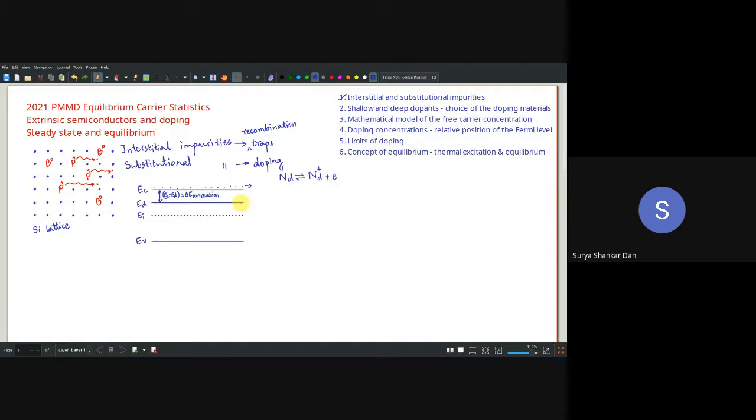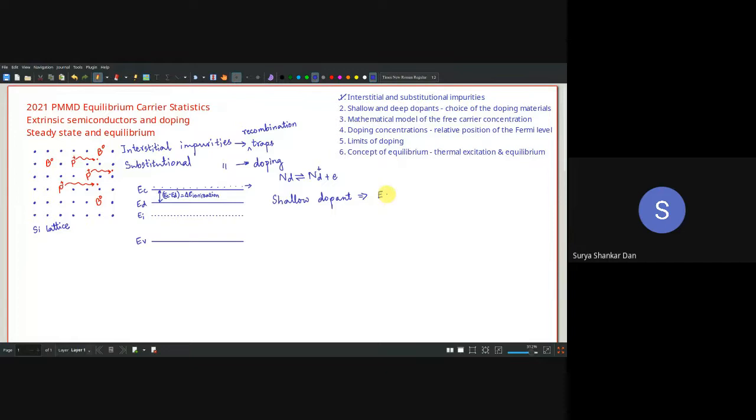Now the concept is, what is the meaning of shallow and deep dopant? Shallow dopant means you can imagine as if EC is a surface, and ED is very close to EC.